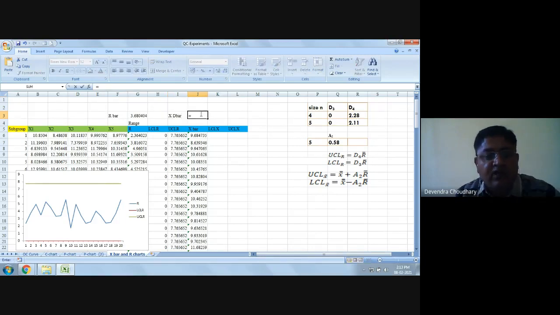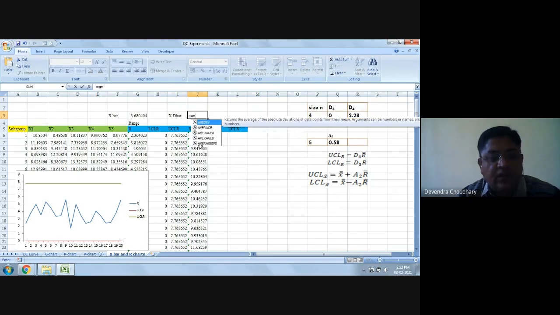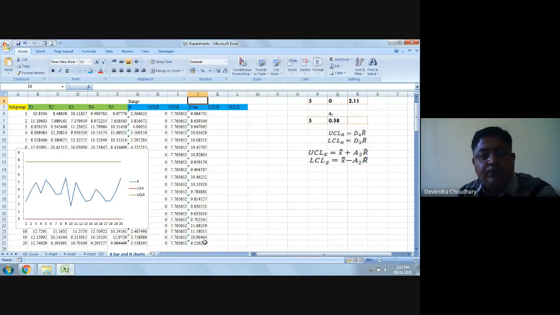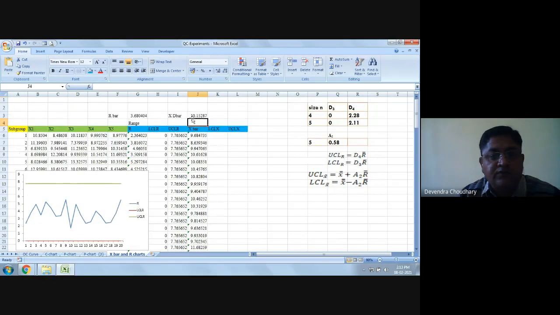It is the average of these X bar values. So we determine the average of these 20 values, and it comes out this much, 10.15.